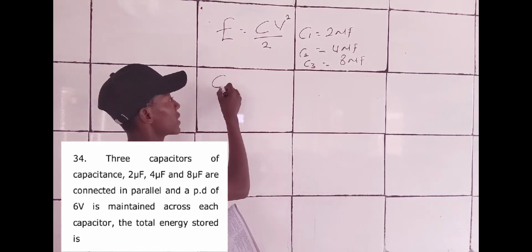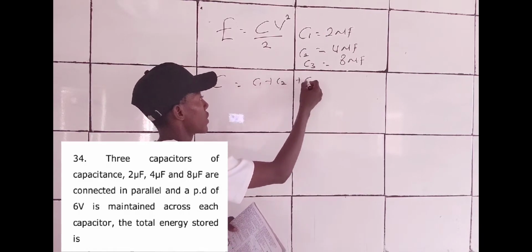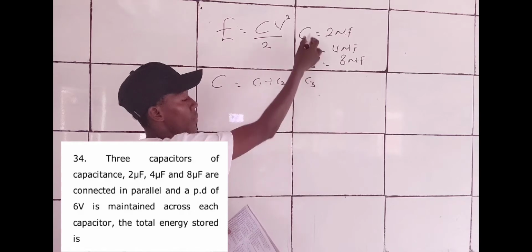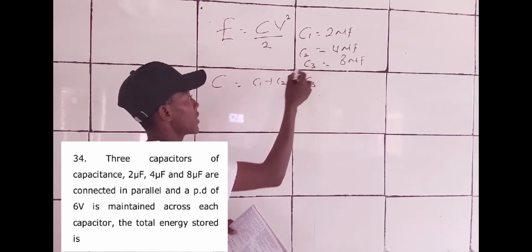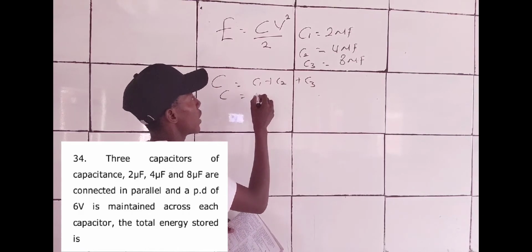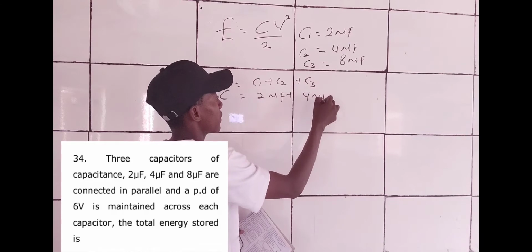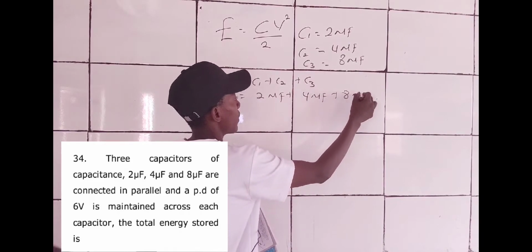So the total capacitance C is equal to C1 plus C2 plus C3. This is the same thing as 2 microfarad plus 4 microfarad plus 8 microfarad.